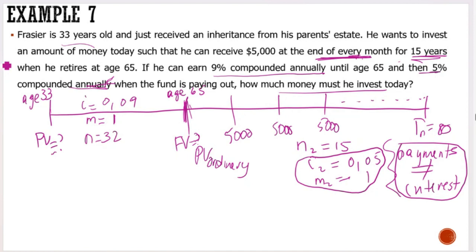But the interest rate here is compounding annually, so you need to convert it. We use the formula we've used previously, J equals, and we want to convert this to monthly.